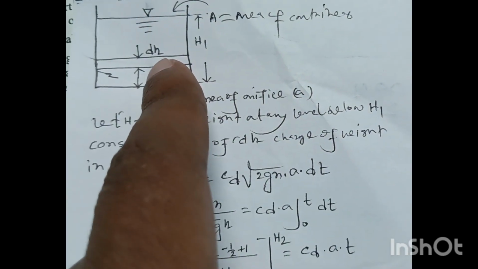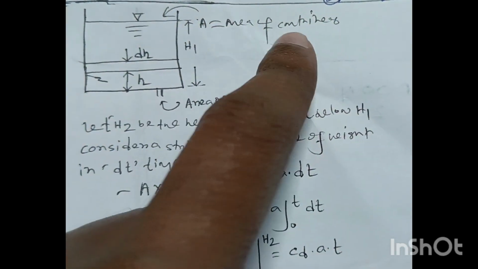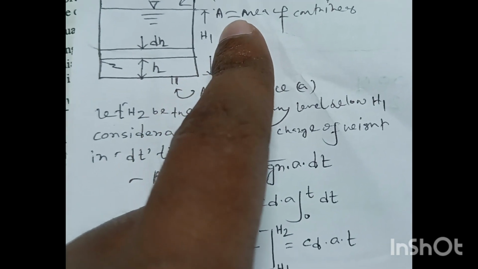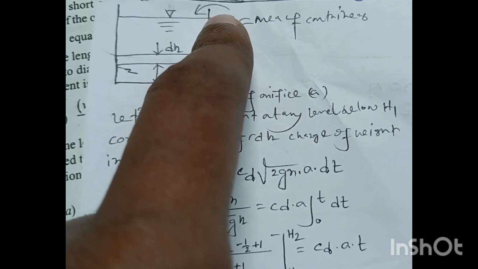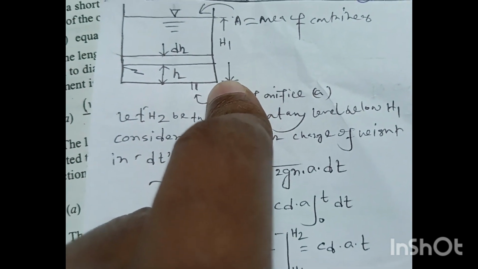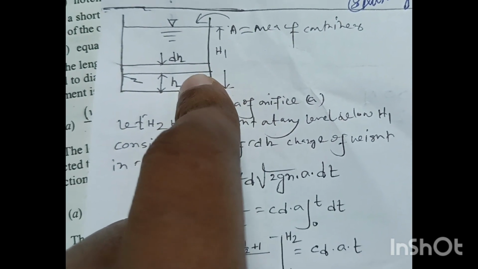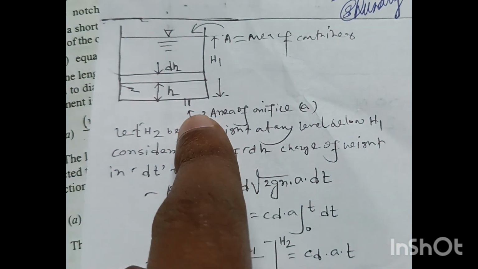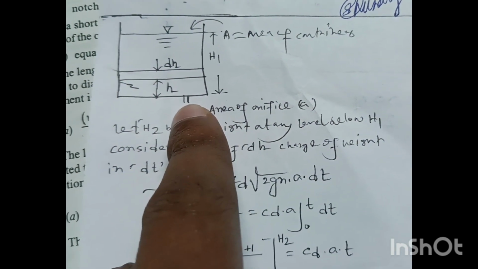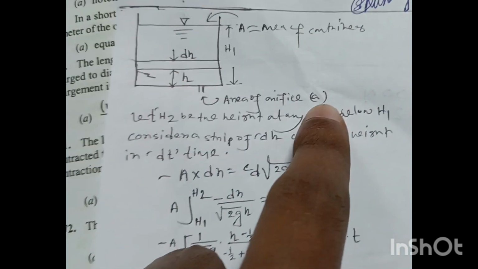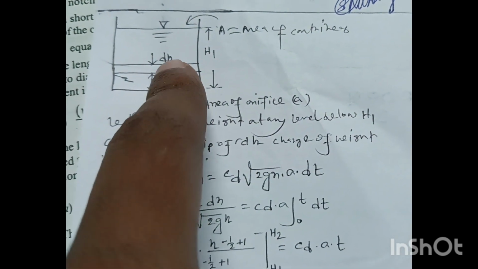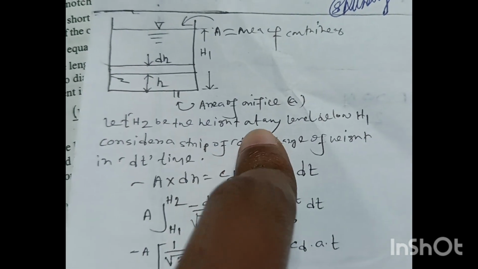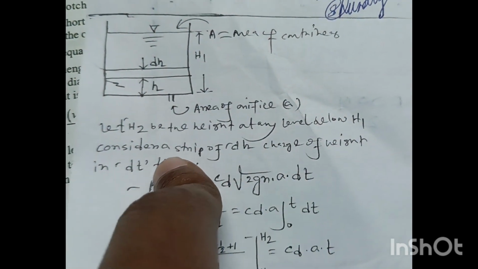So suppose this is a tank of uniform cross-sectional area which is capital A, then liquid up to height H1 is filled, and the orifice that is here at the bottom of area small a. Okay, so now consider a strip of thickness dh. That is the change of height in dt time.